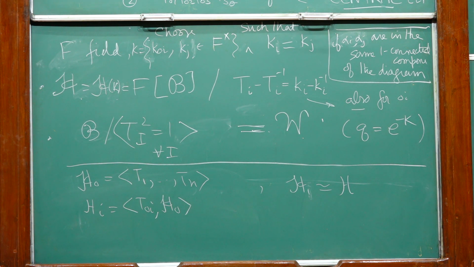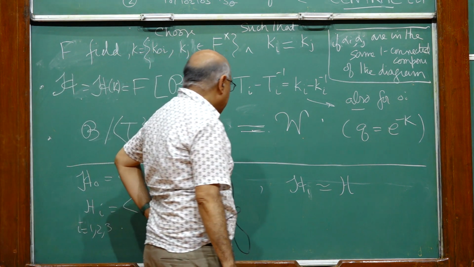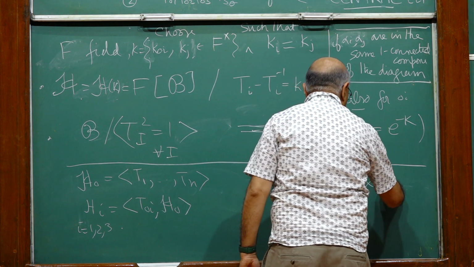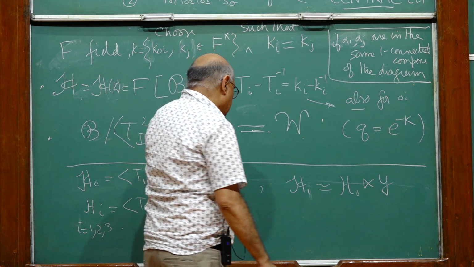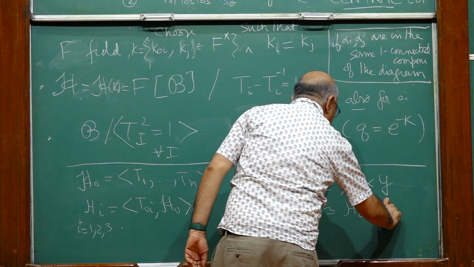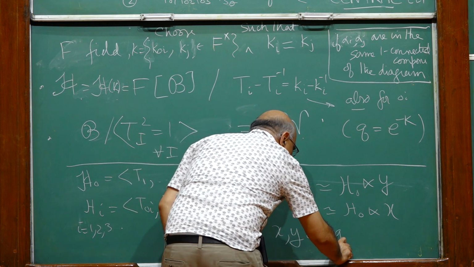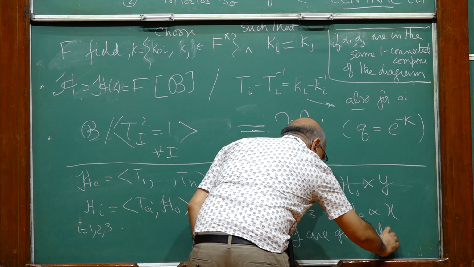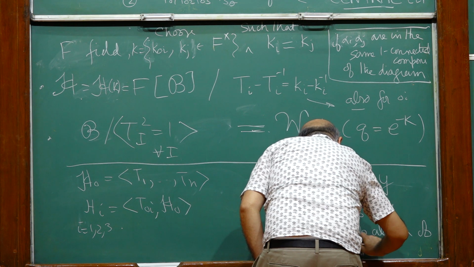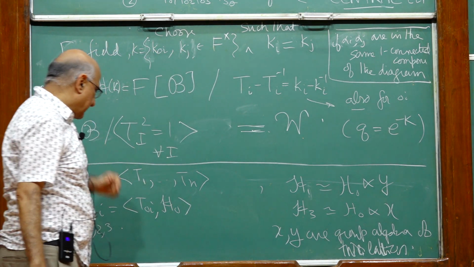Let's take those subalgebras, for i equals 1, 2, 3. H1 has a description that looks something like this, and H3 also looks like this, where X and Y are group algebras of two lattices.